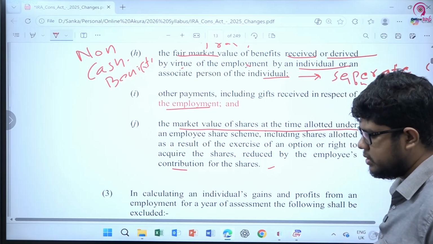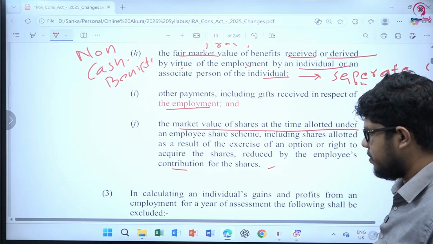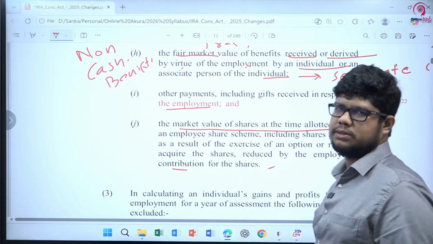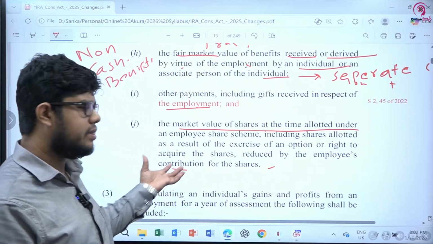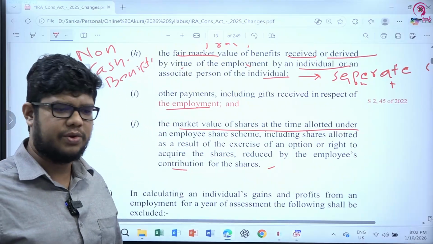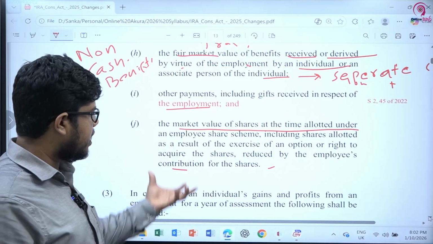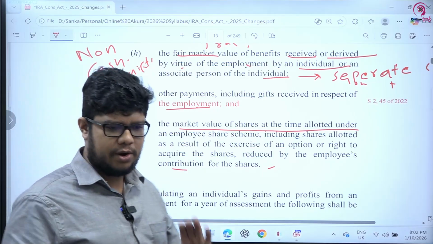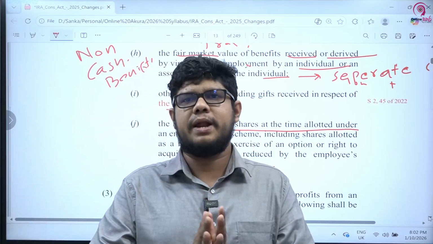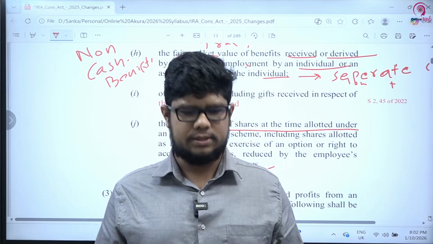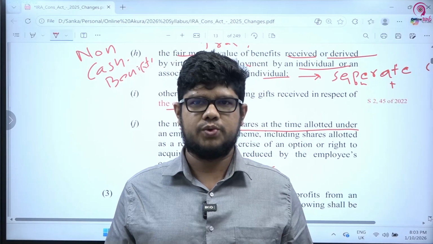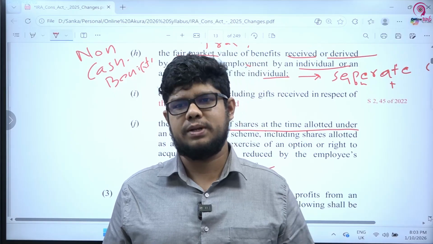I'll explain it later, but try to understand this at your level. I know that you are learning option contracts and everything under your other subjects, so you can easily understand it. Try to develop an example and understand before I explain it. Let's see how you understand it, and I'll explain it later.